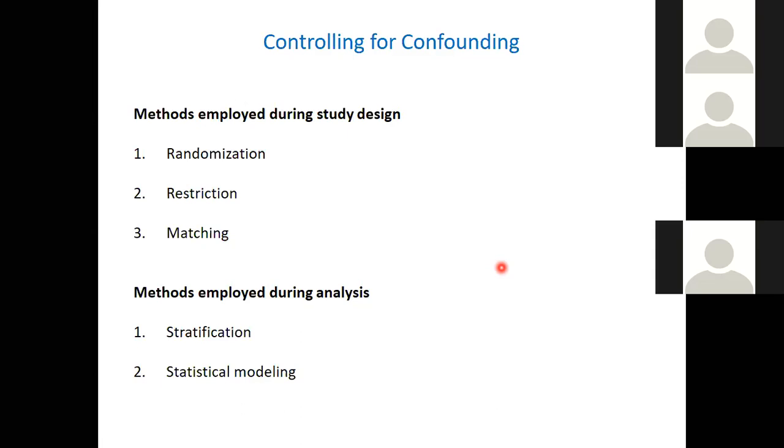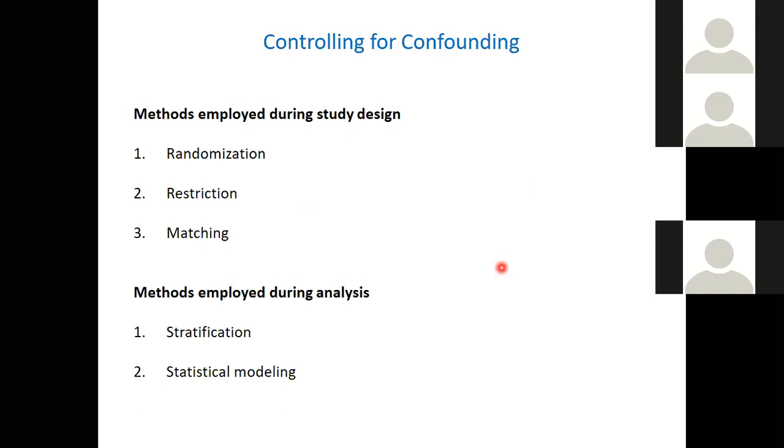Then restriction. Maybe we are studying the effect of alcohol on lung cancer, and smoking is a confounder. You can say no smoking involved. Anybody that is smoking is not part of the study.